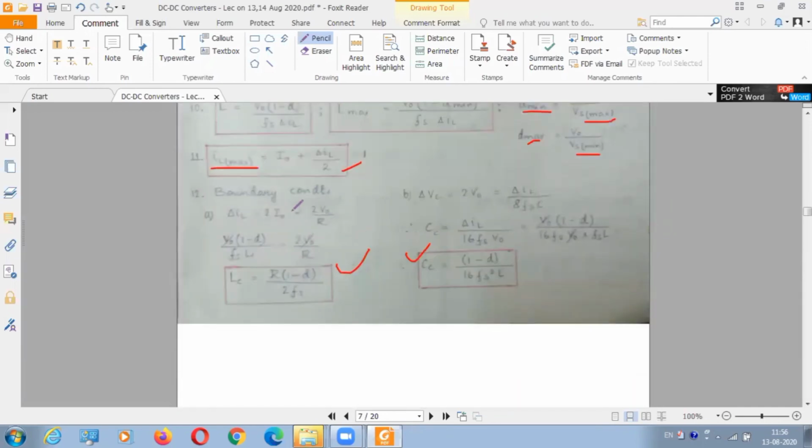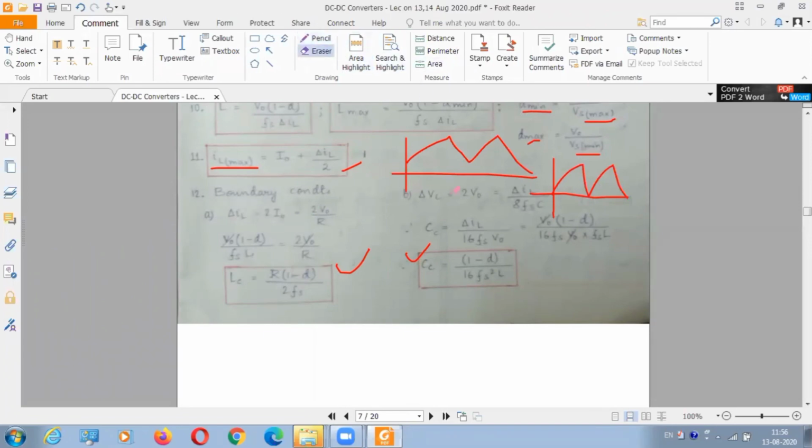Now boundary condition. Boundary condition means I have treated my current to be continuous in nature. Suppose I choose an inductor value where my current becomes discontinuous, meaning it reaches zero. That is the boundary condition.